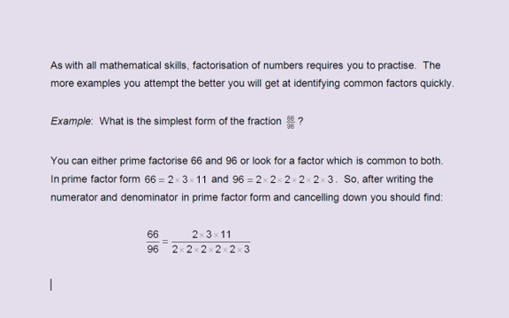There is a common factor of 2 and 3 in both the numerator and denominator, and these can be cancelled down. This equals 1 multiplied by 1 multiplied by 11 divided by 1 multiplied by 2 multiplied by 2 multiplied by 2 multiplied by 2 multiplied by 1, which equals 11 over 16.